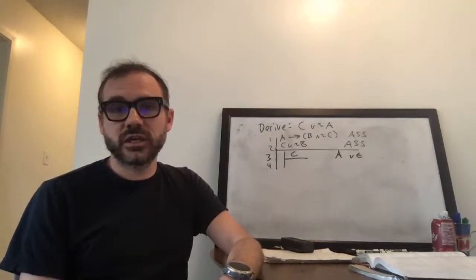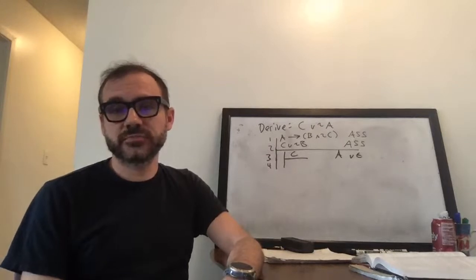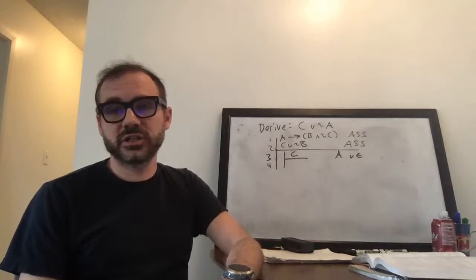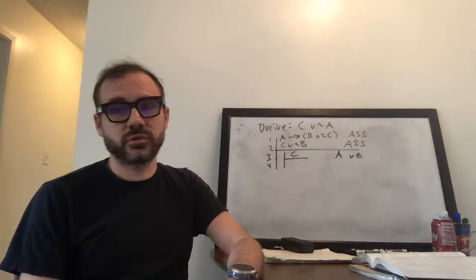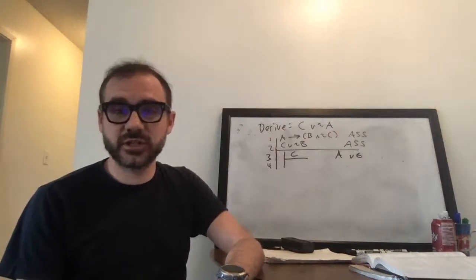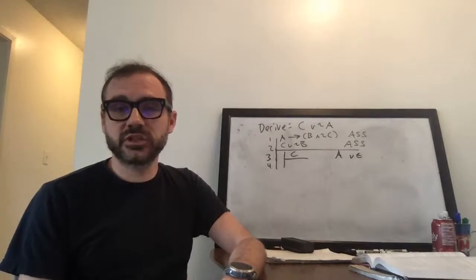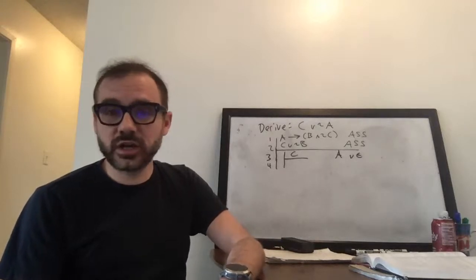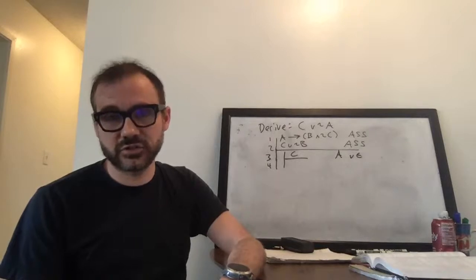Frida, you can't do conditional elimination. No, you can't do conditional elimination. Also, no, Jessica, because if you do conditional elimination, let's understand, how does conditional elimination work? With conditional elimination, you have a conditional, and then on another line, you have the antecedent of that conditional.